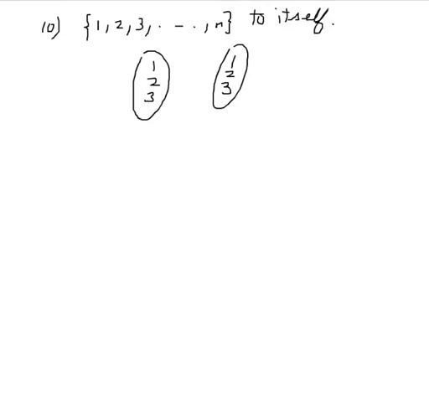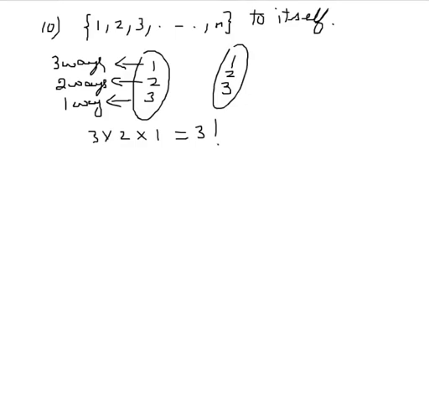So 3 ways are there to connect this. For this element 2, you have two leftover elements in the codomain. So this has 2 ways to connect. And only one element will be left in the codomain now. So it has only one way. This is nothing but the permutation of these three elements 1, 2, 3. Therefore, number of 1-1 functions will be 3 into 2 into 1, which is 3 factorial.